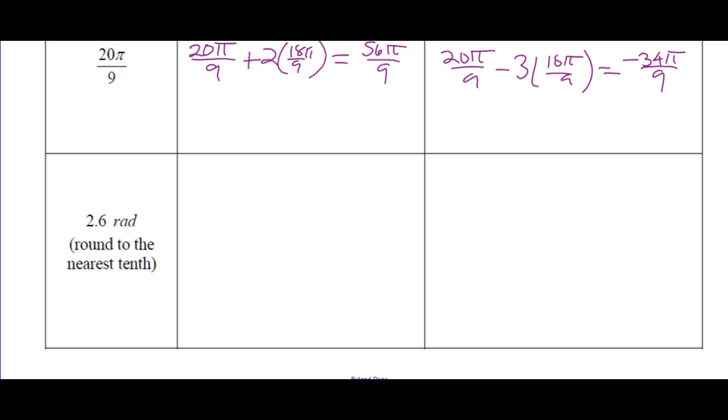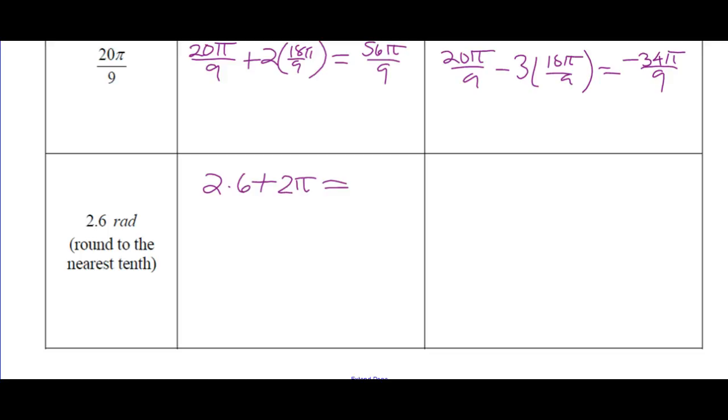2.6 rad, round to the nearest tenth. All right, so what do we got? 2.6 plus, in this case we've got to go with 2 pi, which is 6.28. So 2.6 plus 2 pi is approximately equal to what?